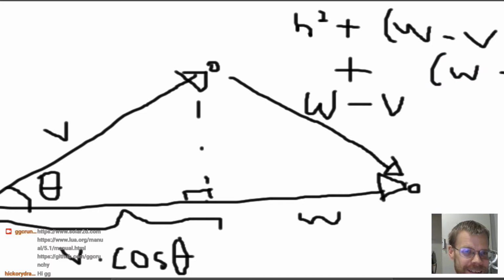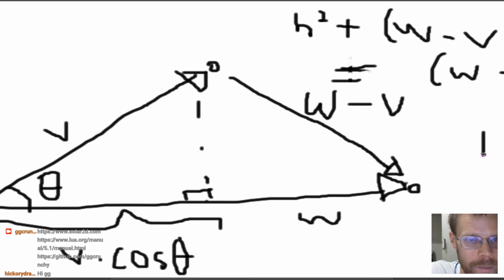Equals W minus V... I messed that up. Let's see if I can. Yeah, equals W minus V squared.